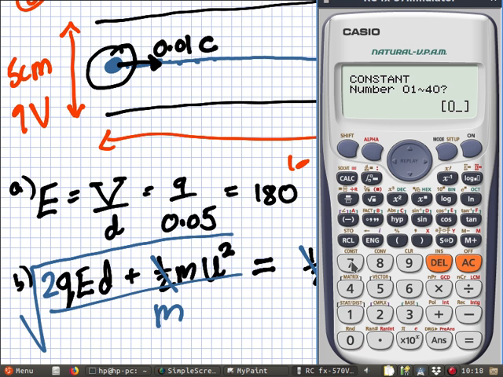Mass of the proton times speed squared, which is 0.01 c. What constant is c on this calculator? It's like 20 something. Does anyone have the lid? C0? 28? Thank you. Over mass of proton, which is constant number 1. Okay, so I have all the numbers typed in and square root.